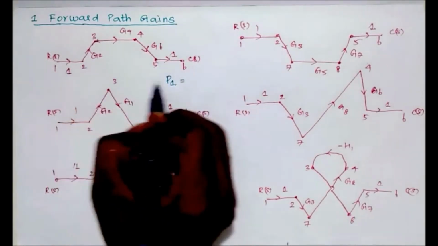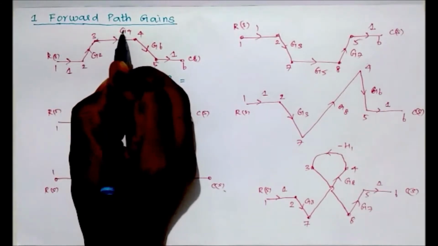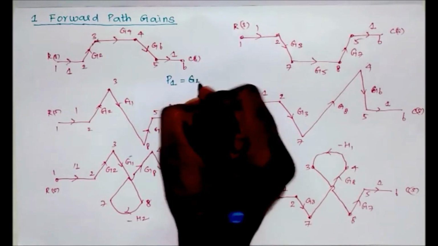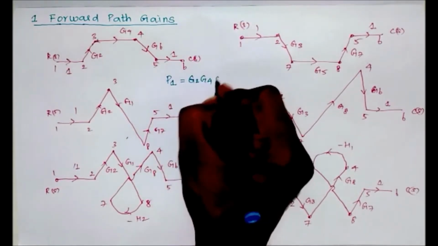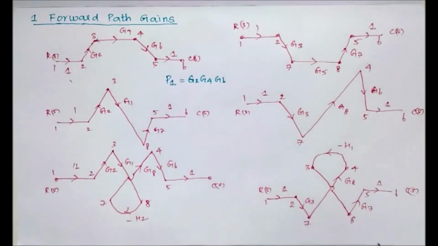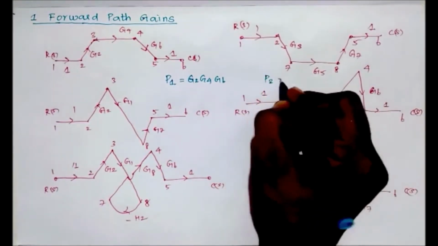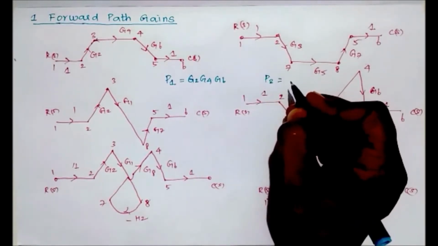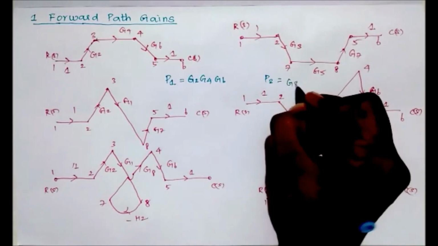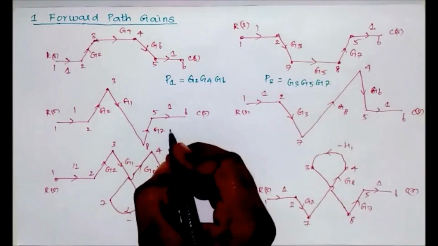Therefore the first forward path gain is 1 into G2 into G4 into G6 into 1, that is G2 G4 G6. This is the first forward path gain. Next, this is the second forward path. Its gain P2 value is G3, G5, G7.